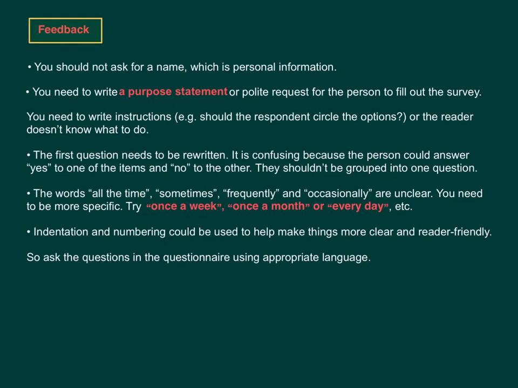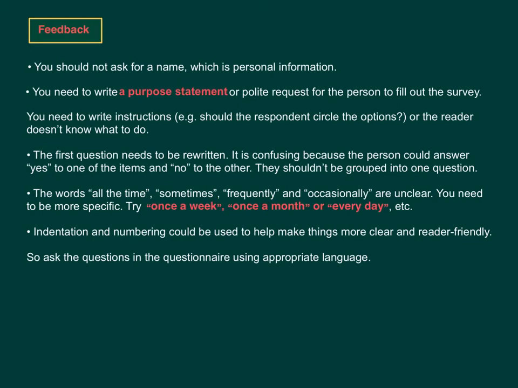The first question needs to be rewritten. It is confusing because the person could answer yes to one of the items and no to the other. They shouldn't be grouped into one question. The words all the time, sometimes, frequently, and occasionally are unclear.